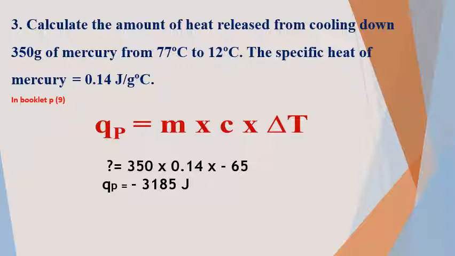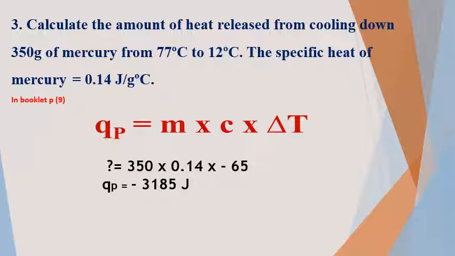Pay attention here, I will subtract 12 minus 77, T final minus T initial, so the value will be negative 65.